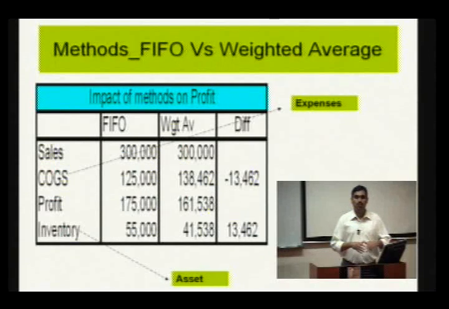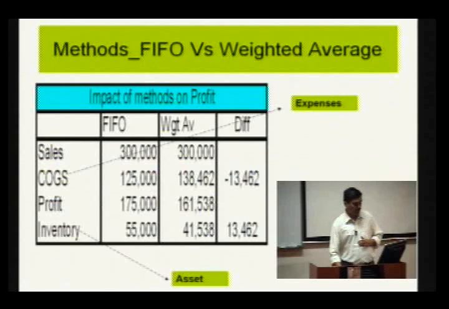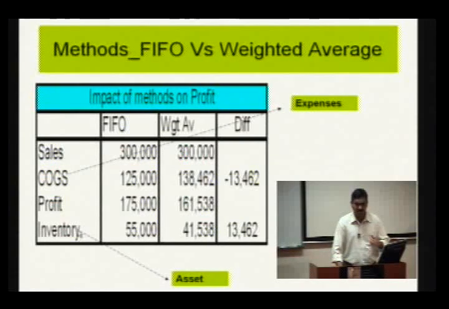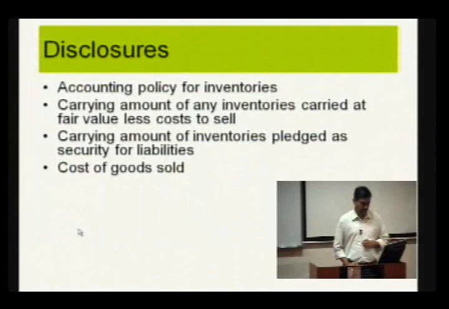So, whenever one observes a balance sheet or an income statement and focuses attention on the profit, there is a need to question and understand the methods that they have adopted, because the methods of determination of inventory valuation will have an effect on the cost of goods sold and on the inventory. So, therefore, IAS 2 is an important accounting standard which will have an effect on the determination of profit.